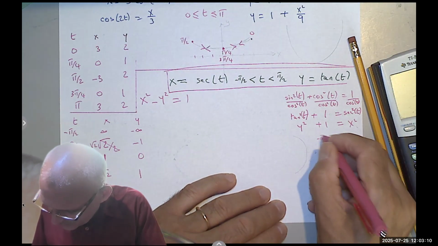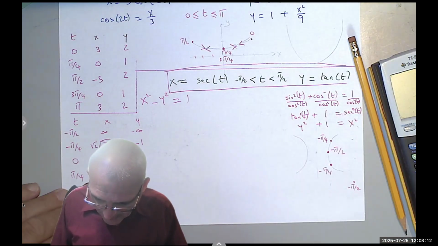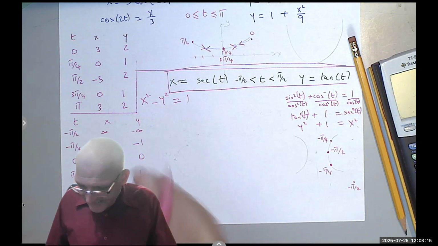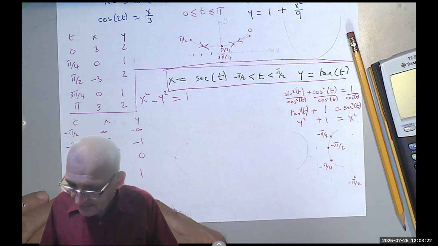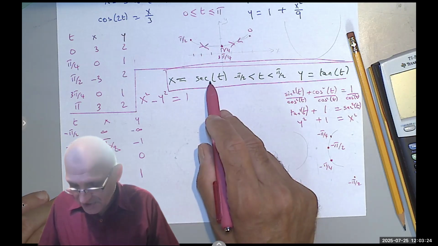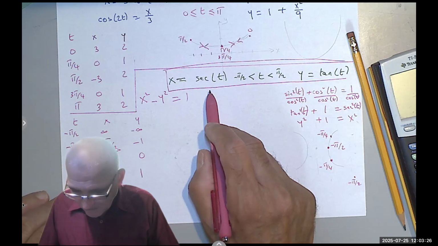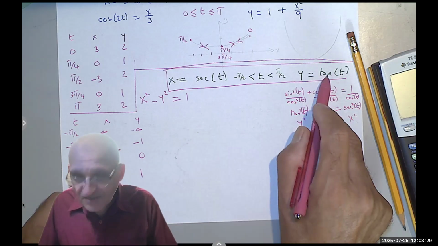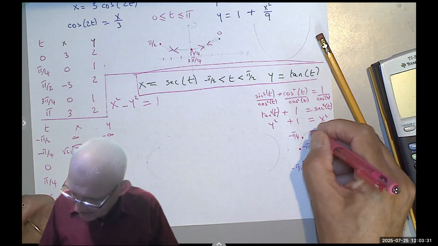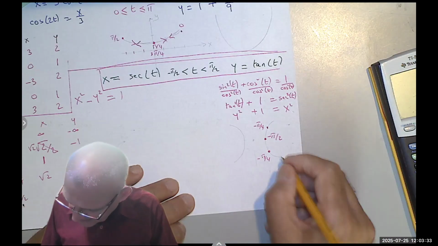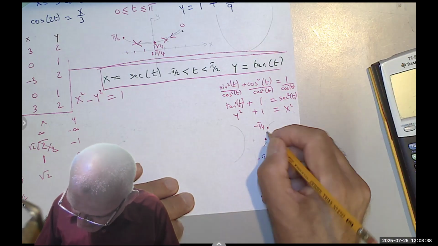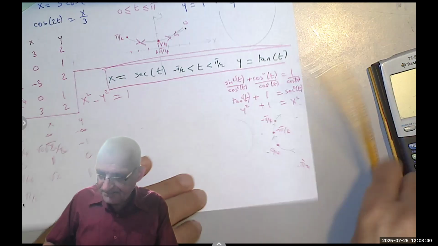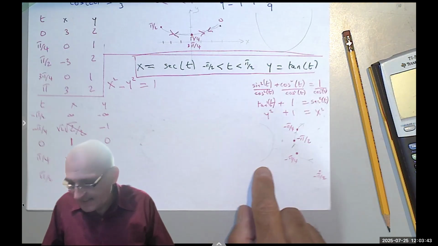At pi over 2, not exactly pi over 2, the cosine is 0, 1 over 0 is infinity, but tan is also going to infinity. So really, I'm starting from the whole right branch, going to infinity. I didn't use the left branch.